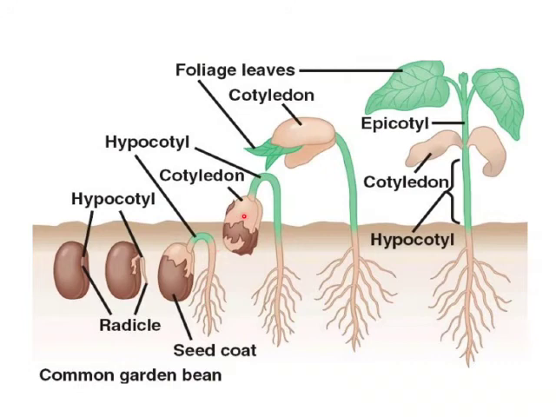Then you can see cotyledons, and you can see that the plant has responded to sunlight and has started coming out of the ground. Then you can even see an epicotyl, and the plumule is the tip of the epicotyl, and it is going to give rise to a new shoot.